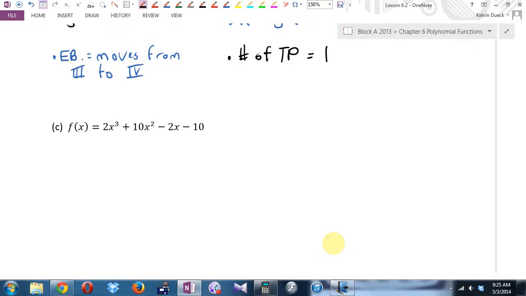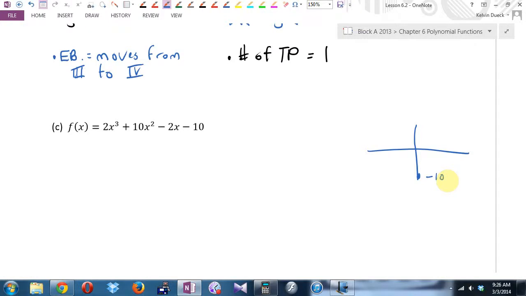Trickier one. Hey, what does this graph look like? First of all, can you tell me the y-intercept of this graph? Okay, definitely goes through -10. What's the degree of this graph? 3? Is the leading coefficient positive or negative?